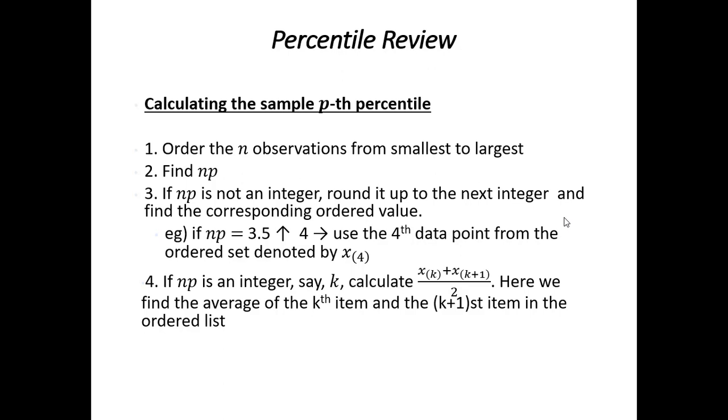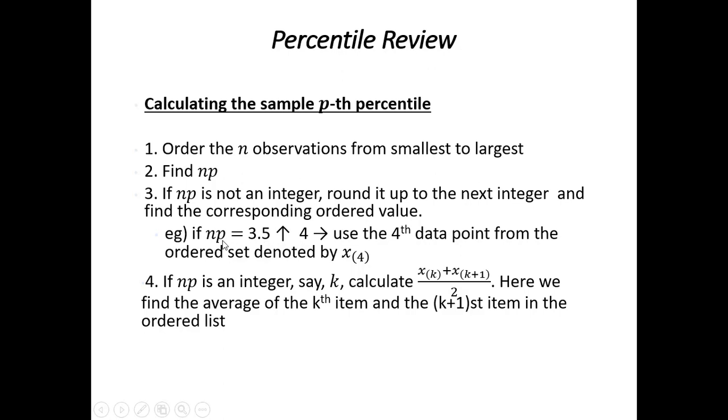Now, two things could happen when you find n times p. It's either not going to be an integer, a whole number, or it will be a whole number. Case 3 addresses the situation when it's not an integer: then we round it up to the next integer and find the corresponding ordered value.